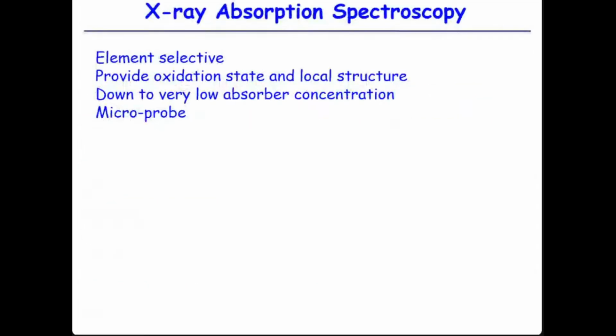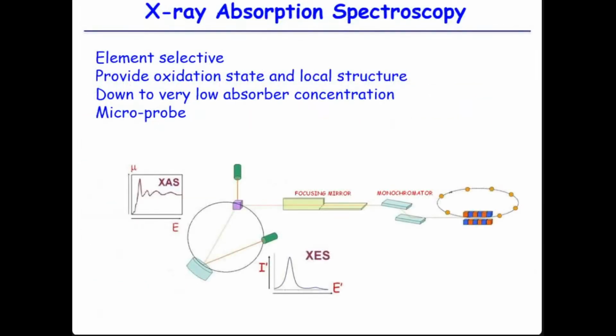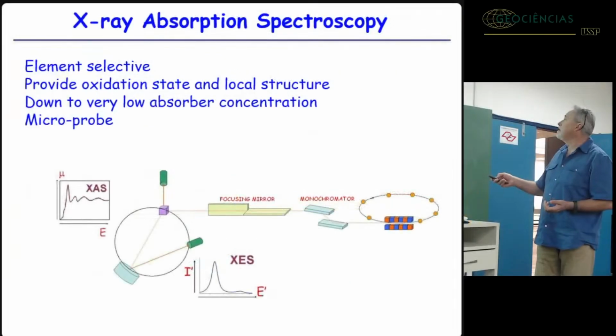So, to be extremely short, X-ray absorption spectroscopy requires a highly collimated X-ray beam of high intensity and the possibility to tune the energy. So it's a technique that is mostly done in a synchrotron radiation environment. A synchrotron is schematized here.